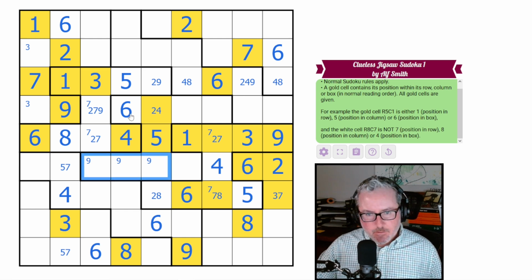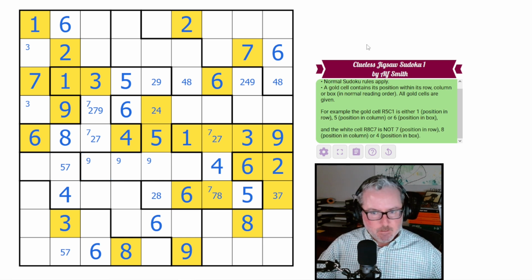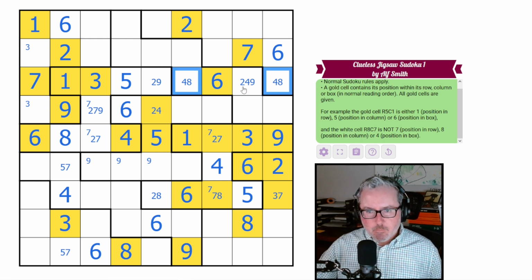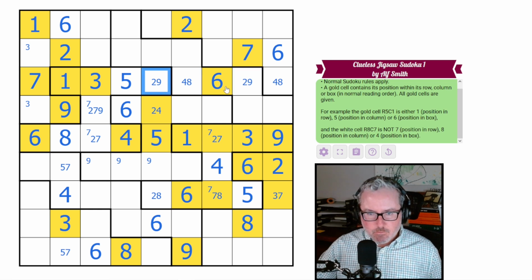Again, we have to remember to think about the location and the region to remove options. Okay, just making sure I didn't miss anything there. Okay, well, we got a 4-8 pair here, so that's a 2-9 to go with it. Again, things start popping out.